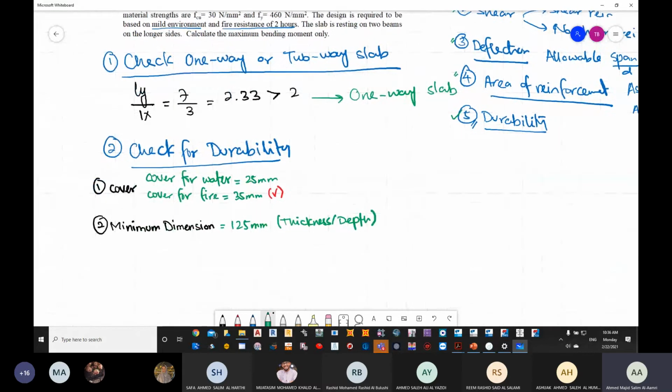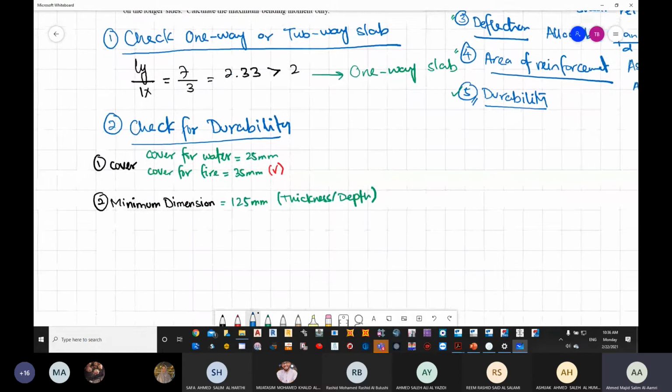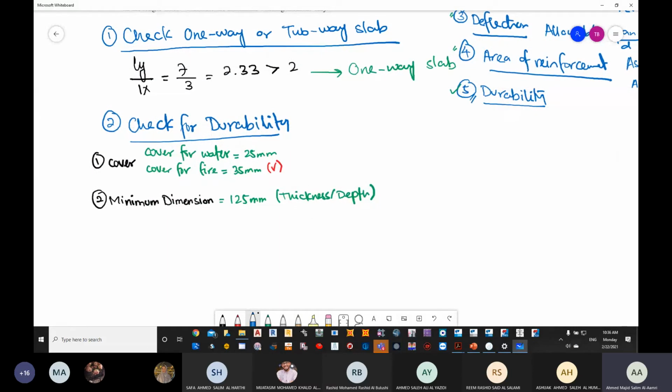So now, the third step, let us try to make it a bit more organized. Let's say estimation, calculation of effective depth. Effective depth and overall depth.